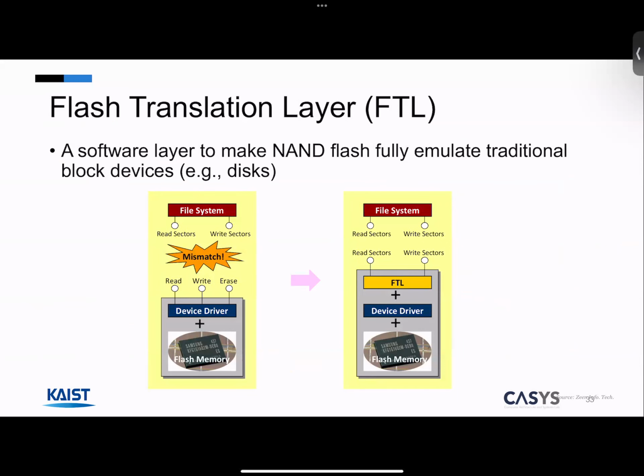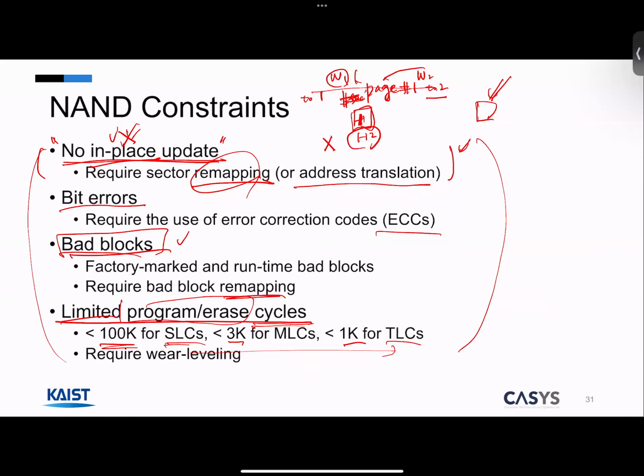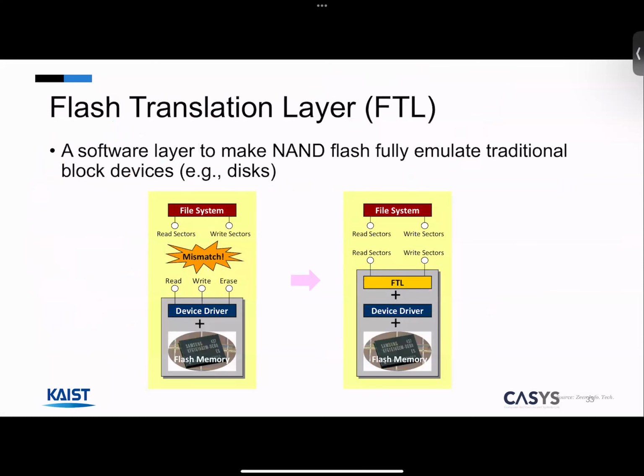I'm going to keep talking about how to handle these in-place updates and bad blocks using remapping. Recall that in hard disks we talked about the LBA scheme, where the operating system looks at the entire storage space as LBA.